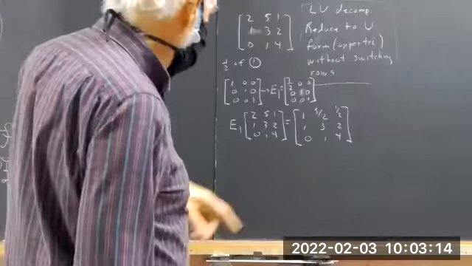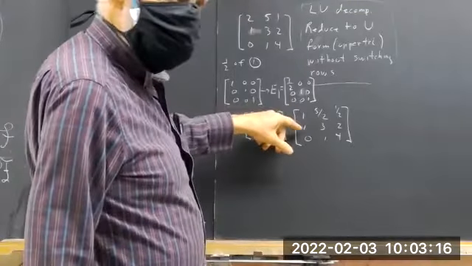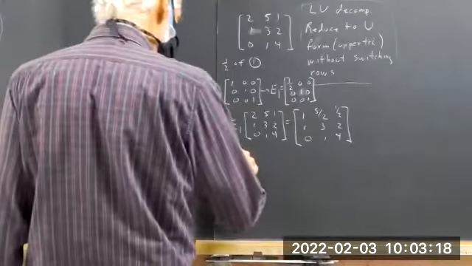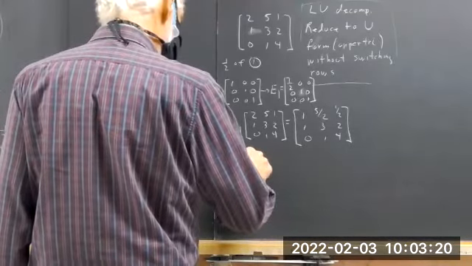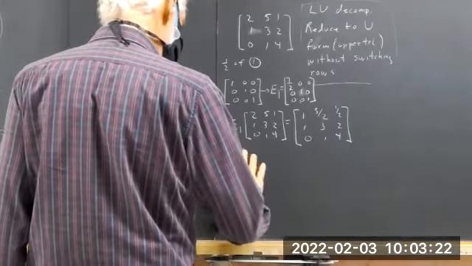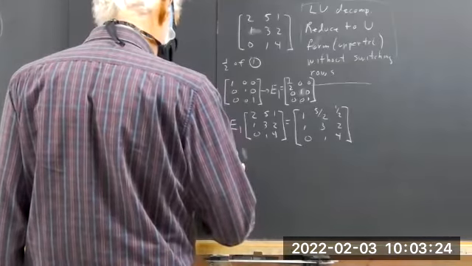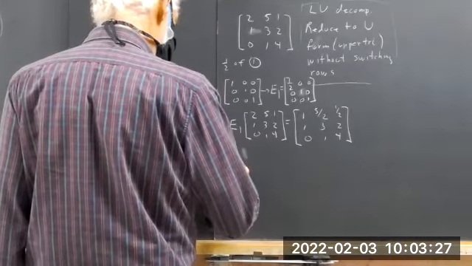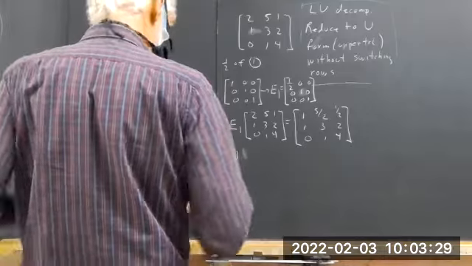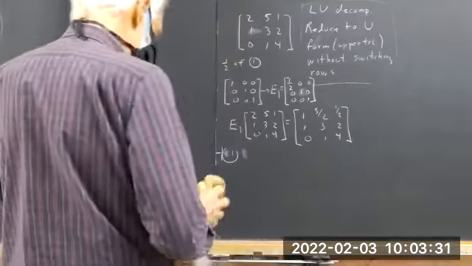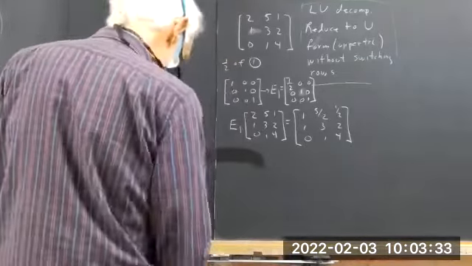Then what do we do? We add -1 times the first row to the second. Put a circle where I shouldn't have.